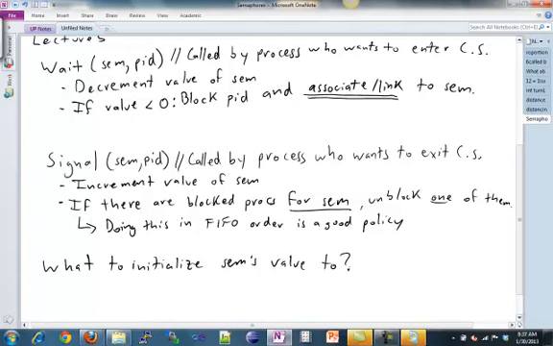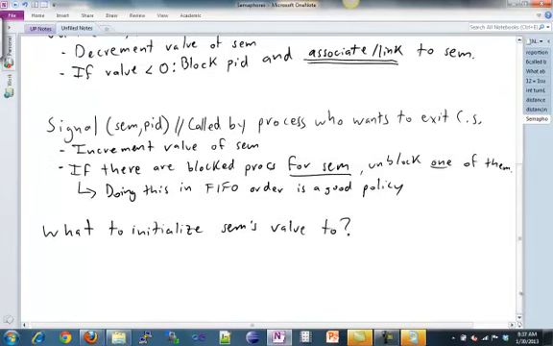Like what's a good initial value? And there's no set good initial value. It's not always going to be 1, it's not always going to be 5, and it's not always going to be 0 or negative or something like that. It depends on your situation. So I'll just go through a couple of examples of different initial values and what they mean, just to make sure that you guys understand what the different initial values mean.